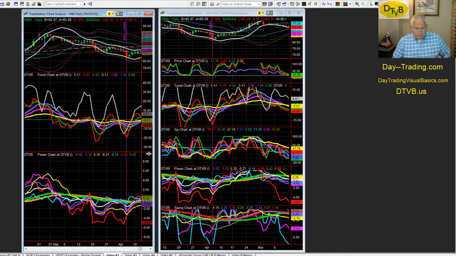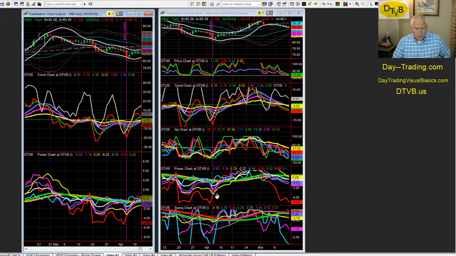And so we see from that perspective that we have a zip green at zero here for a few days, and we're also starting into a power yellow lowest down here in the power chart.